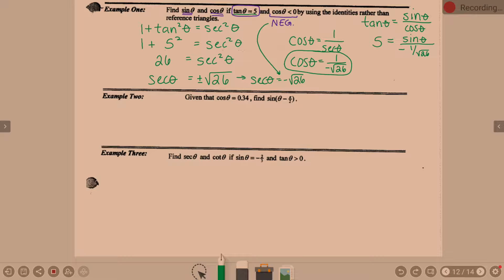If it's sine divided by that lovely number, then we want to multiply by that lovely number. Does that make sense? It's sine divided by this fraction. So in order to get rid of that fraction, we're going to multiply by the fraction. And if you multiply one side by the fraction, we're going to multiply the other side. So I'm going to end up doing 5 times negative 1 over square root of 26.